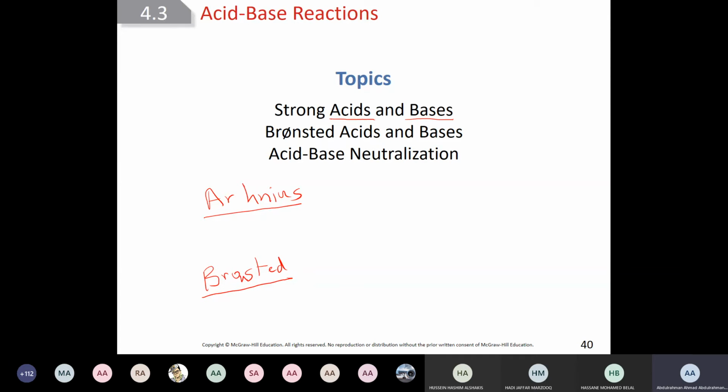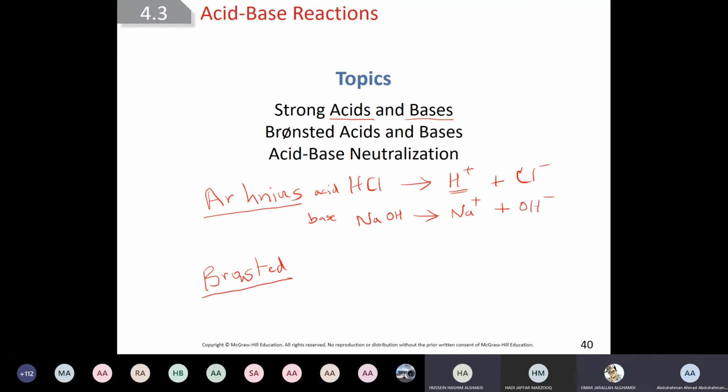Arrhenius says anything that gives H plus in water is called acid. Is this acid? Yes, because it gives H plus. Clear? Very good. Base, anything that gives OH minus is a base. Is this base?